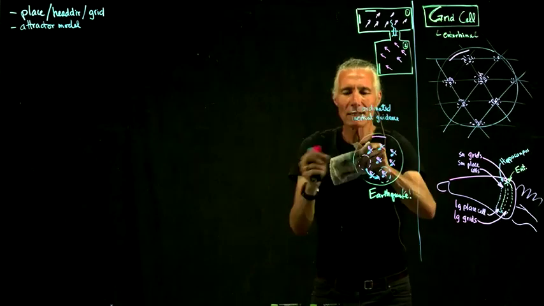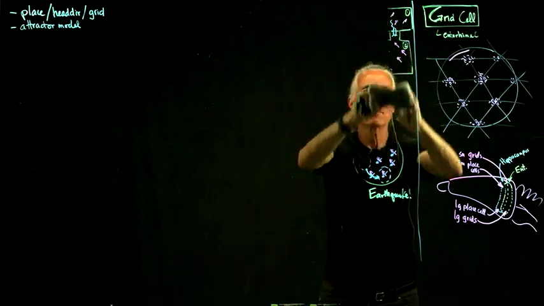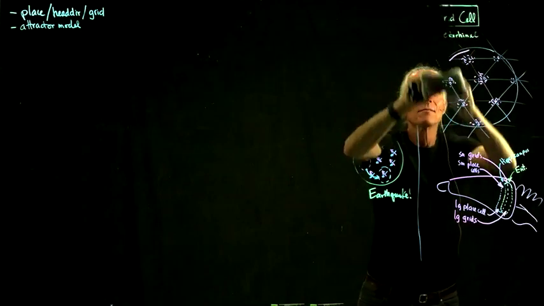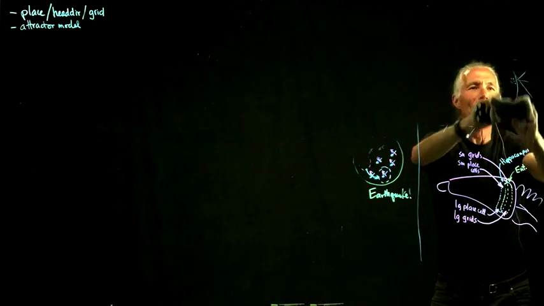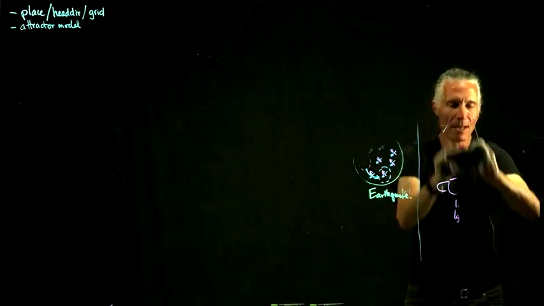And so then people looked at: does the cell spike during the theta rhythm? Yeah, it tends to spike during the theta rhythm. And one thing they found was that there's a change in the phase of the spiking as the animal goes through the place field.